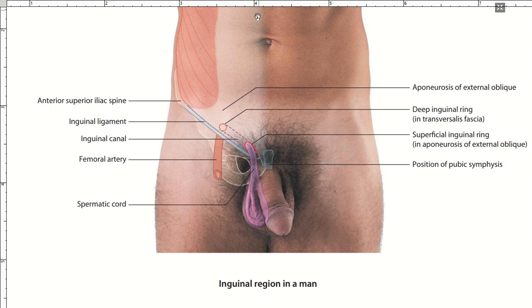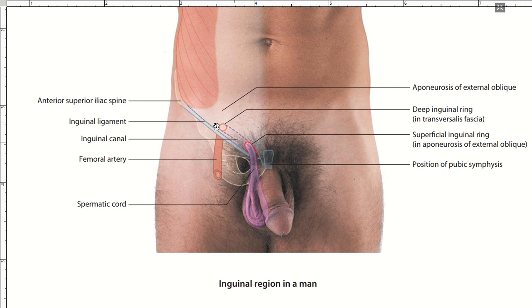We're going to look at the embryology of the testes later, but for today, you have to understand that the testes originate in the abdomen around lumbar one and descend to the scrotum, making a canal.